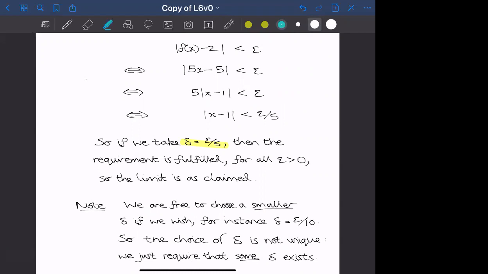For instance, if we chose delta equals epsilon over 10, so if we asked our x to be even closer to 1, then the values would also be forced to be close enough. So you can see that by checking over the example again. So the choice of delta is not unique. We just require that some delta exists. We don't have to choose the best one or anything like that.